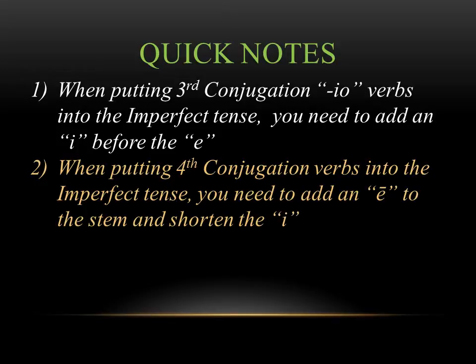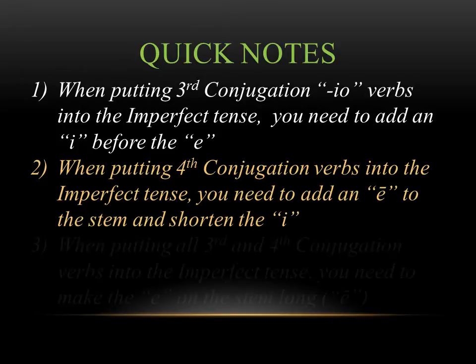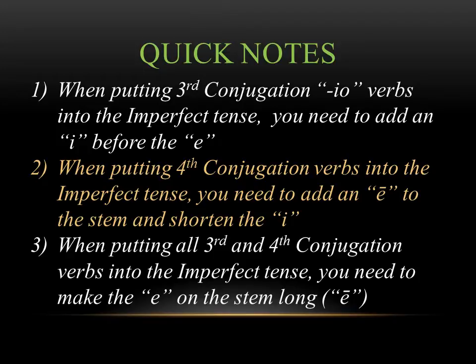You shorten the I and you add that long E. When you're putting all third and fourth conjugation verbs into the imperfect tense, you need to make the E that's on the stem a long vowel. So look at that stem. Think of mittere in the last example we did. You have to lengthen the E. So just keep track of the long marks in your book. You should be fine, but it's good to know this so that you can anticipate it moving forward.